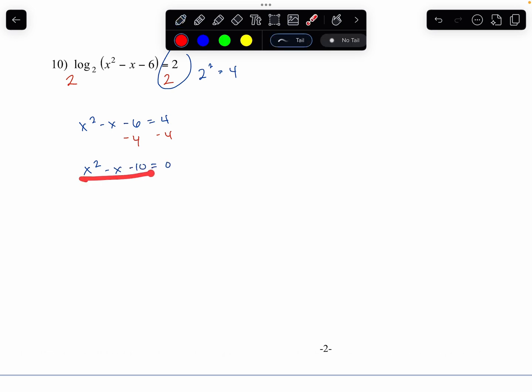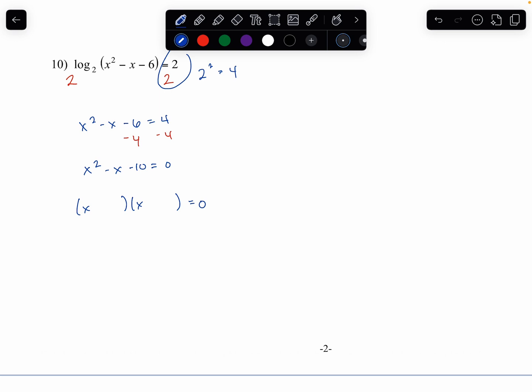And then I'm going to see if that's something that I can factor. So are there two values that will multiply to be negative 10 and add to be negative 1?